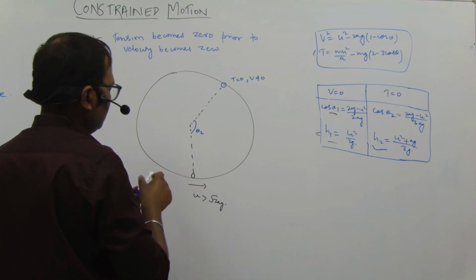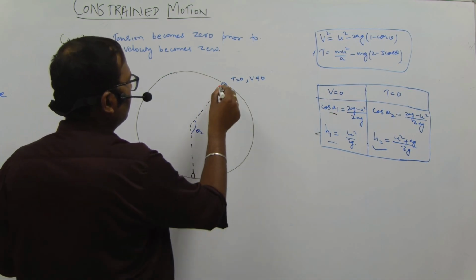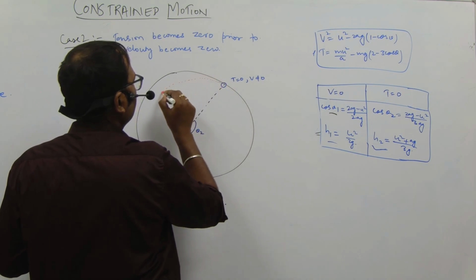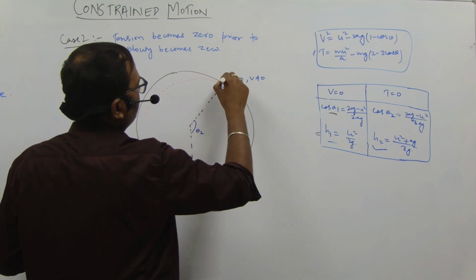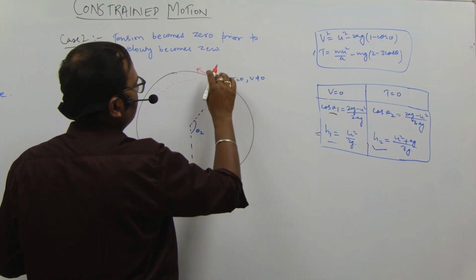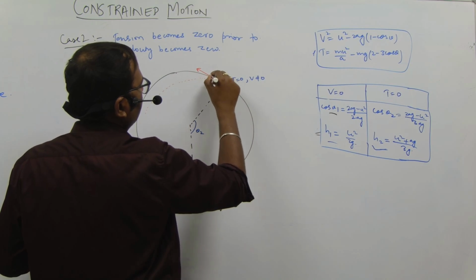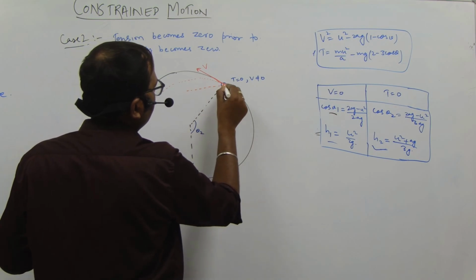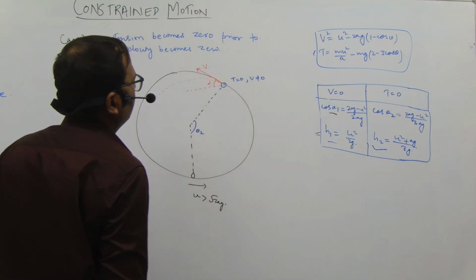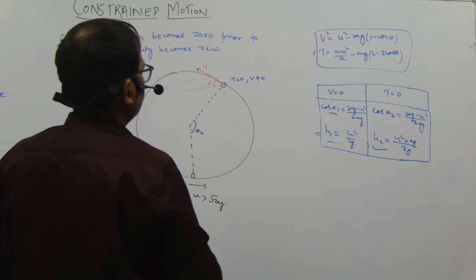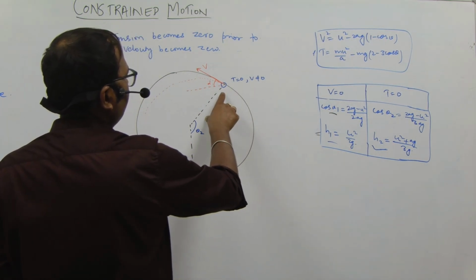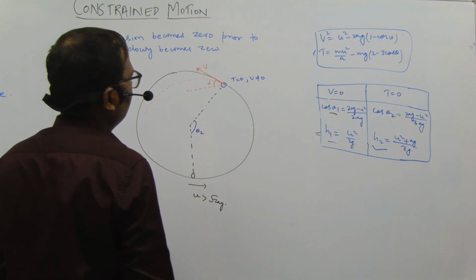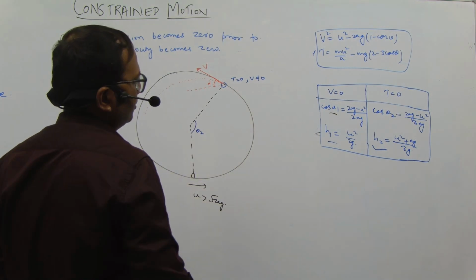Since it leaves the circular path, it will follow a parabolic path, just like projectile motion. It has a velocity v and the angle of inclination from the horizontal is alpha. It follows the parabolic path like this, and the velocity is not equal to 0 here.